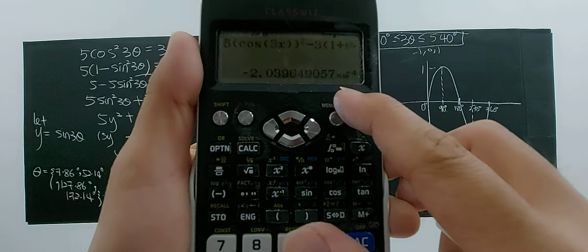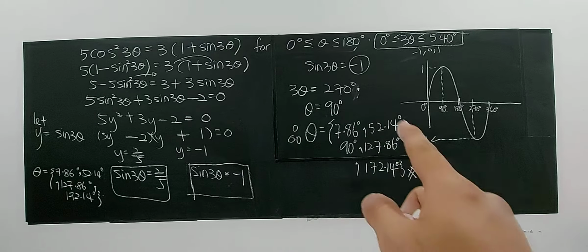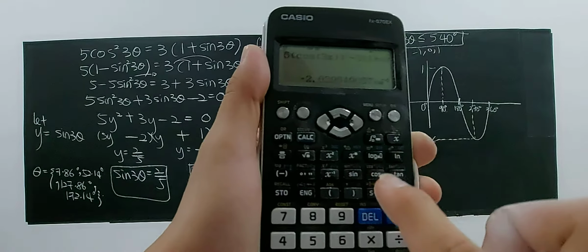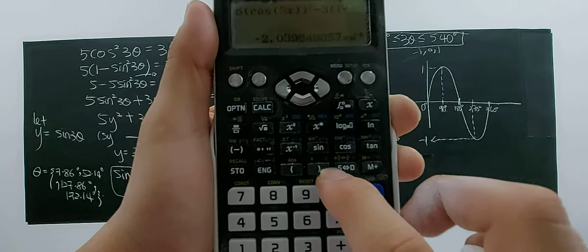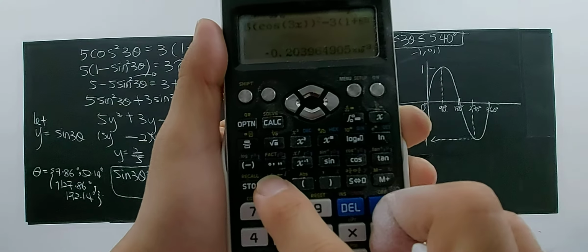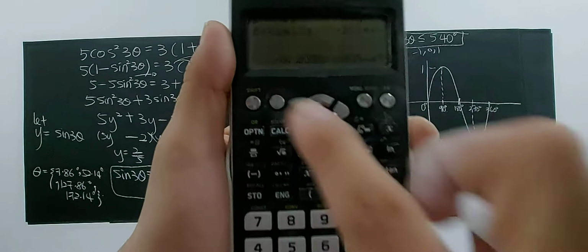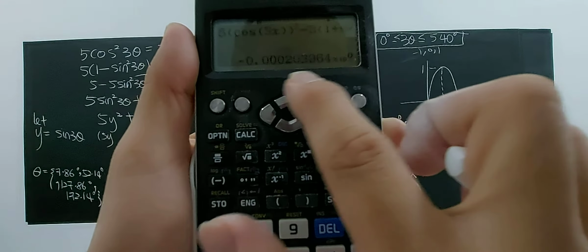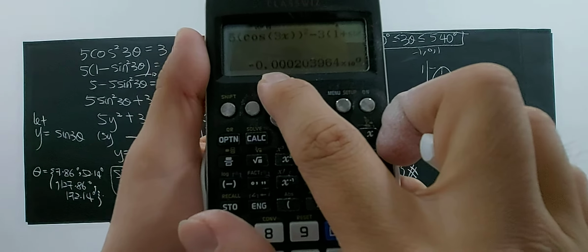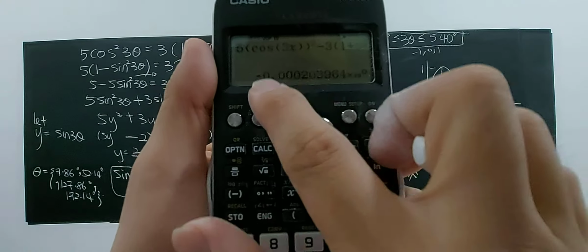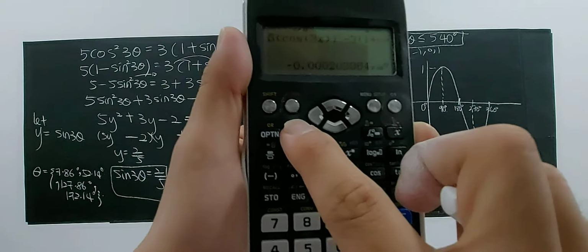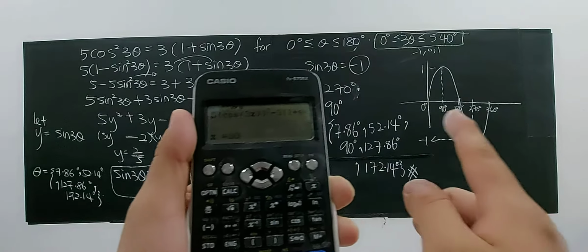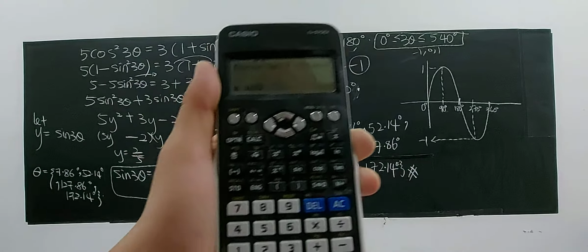Why is it not 0? Because this is the value that I rounded off just now. So I can shift to engineering notation here, and you are getting 10 to the power of 0, which is the value -0.002, which is nearly 0. Then calculating 90, you are getting 0 exactly, because for 90 you never round off, it's the exact value.